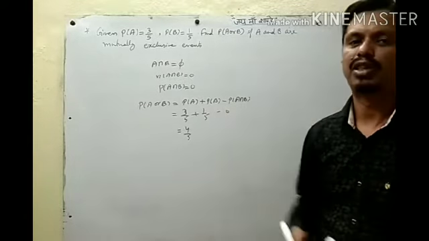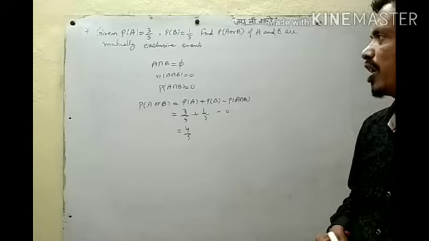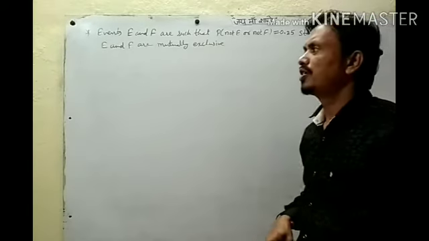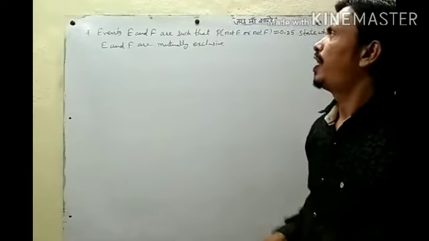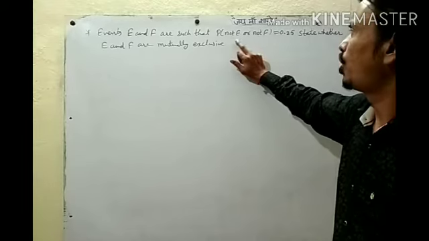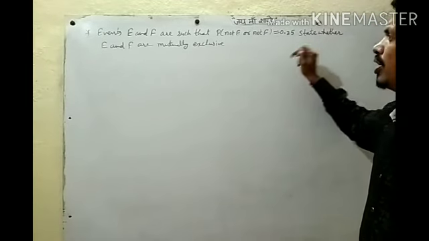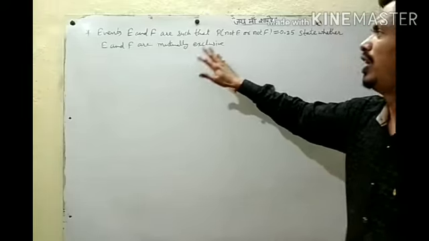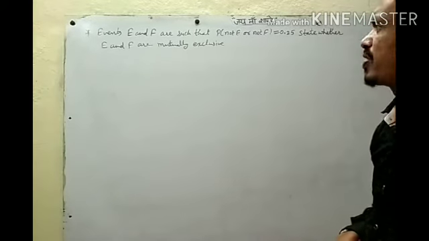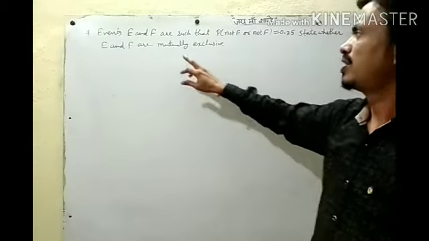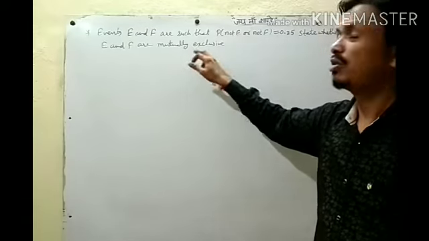Okay. Now the question is, events E and F are such that P of not E or not F is 0.25. Then we have to check E and F are mutually exclusive events or not. Okay. Now we know what are mutually exclusive events.